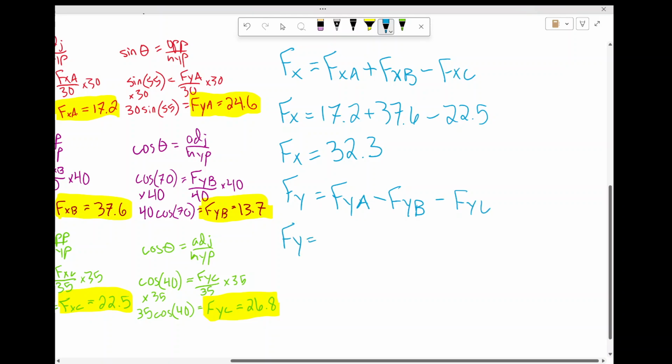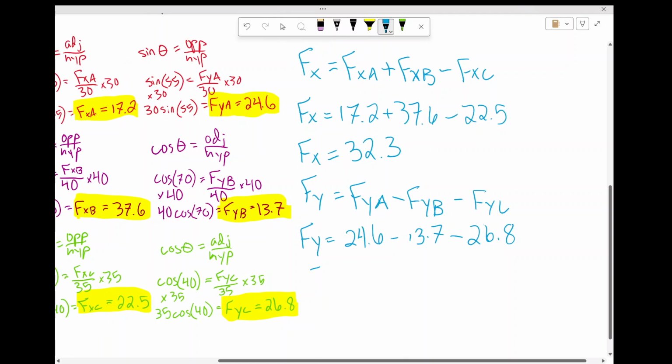The numbers are Fya is 24.6 minus 13.7 minus 26.8. And that gives us an Fy of, just checking my numbers, negative 15.9. All right. So we're doing pretty good.